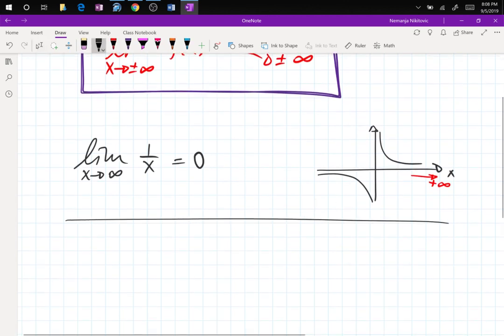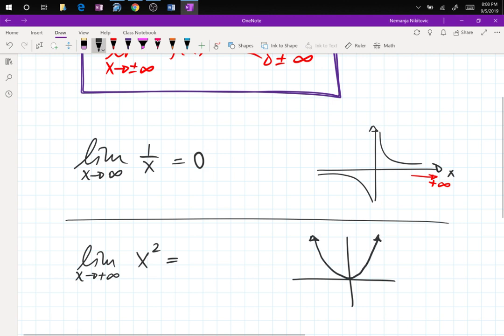Another example. Limit as x goes to positive infinity for x squared. Positive infinity, very good.